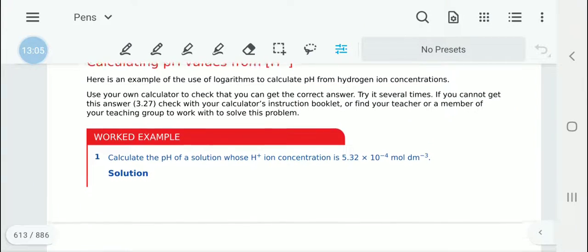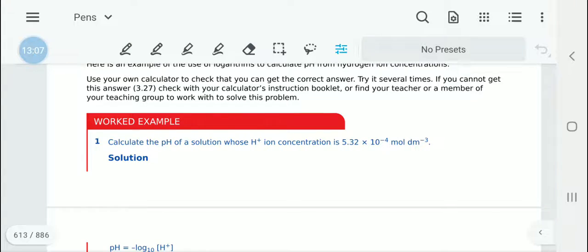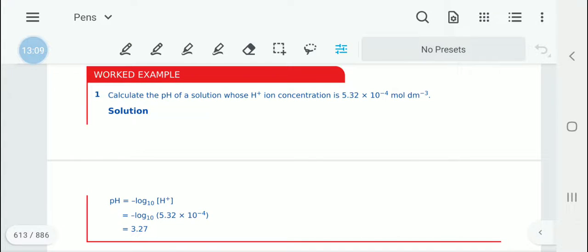Right. Here we have to try to use your calculator properly to get an answer. The H plus ion concentration has been given as 5.32 × 10⁻⁴ moles per cubic decimeter. So you put the negative sign, negative logarithm of 5.32 × 10⁻⁴ has to be found.